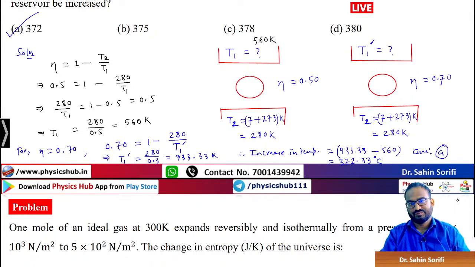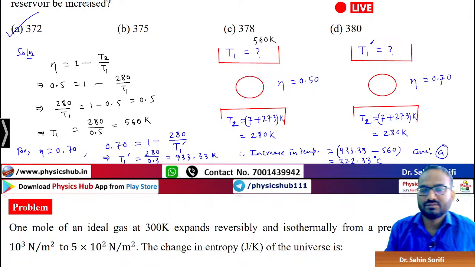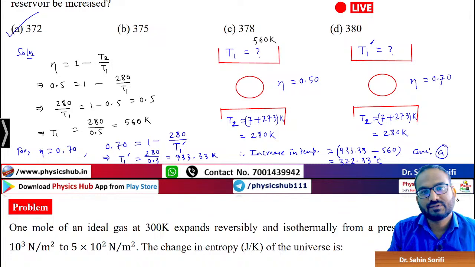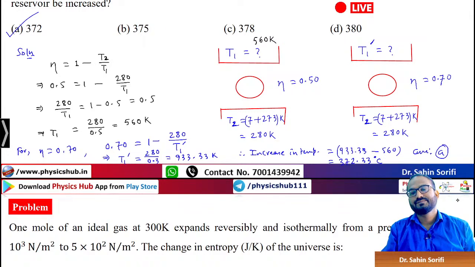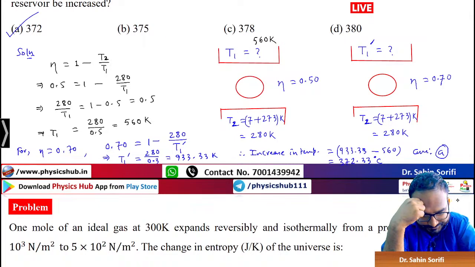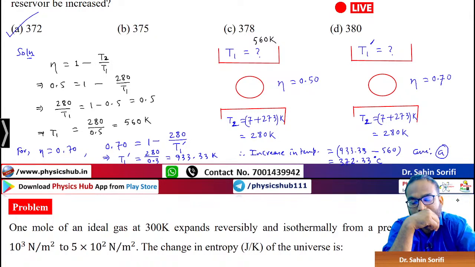If you go from 50 to 51 degree centigrade and if you go from 50 Kelvin to 51 Kelvin, the change in temperature is same. Clear?